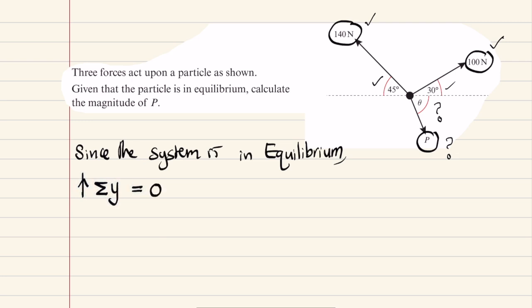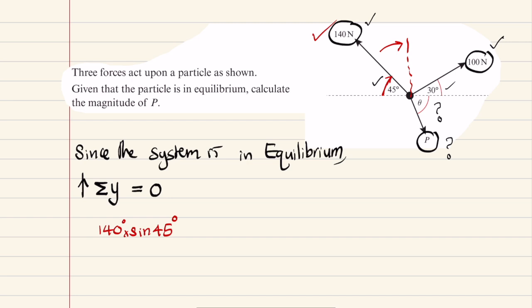So let's try to resolve these three forces into y direction. Let's go around. Here, start with 140. What's the vertical component acting in that direction? We are going away from the angle, this 45, so the vertical component that it creates will be 140 times sine 45.